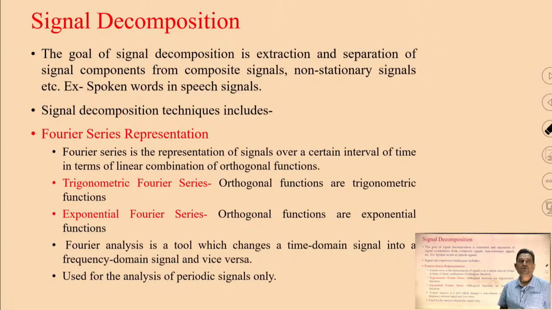For proper analysis and processing, we should decompose the signals into their frequency components. For example, in a speech signal, if some noise comes within the speech and we want to remove it, we first have to decompose that signal, and only then can we remove the noise part by using a filter.